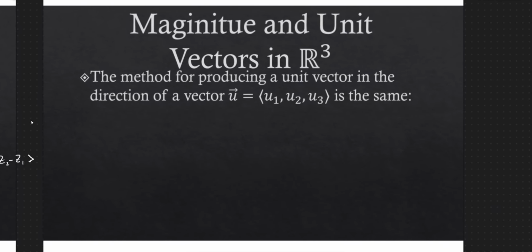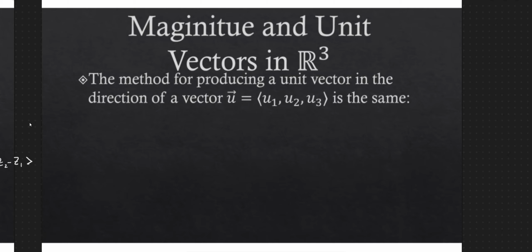Now, one thing we did in 2 dimensions had to deal with quantifying the direction of a vector. And remember, one way that I said was going to be very useful for doing that is to give a unit vector in the direction of another vector. So remember, in 2 dimensions, what that looked like was if I had a vector u, and I want to produce a unit vector.